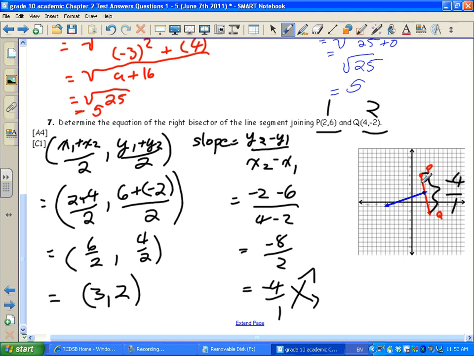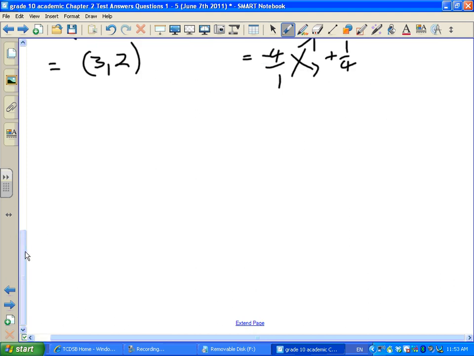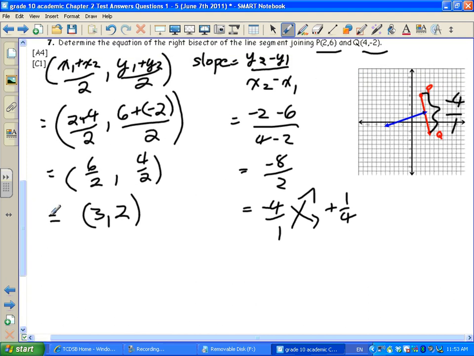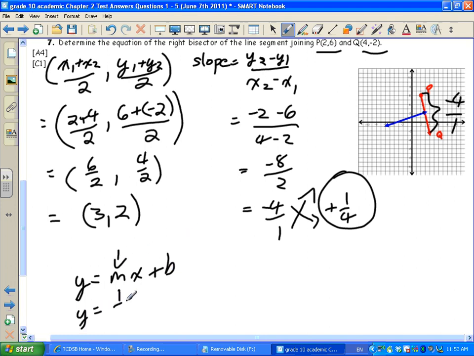So the perpendicular slope of our right bisector is going to be positive 1 over 4. So the slope of our right bisector is positive 1 over 4. So let's do our equation of a line. y is equal to mx plus b. We know our m is going to be positive 1 over 4, x plus b.